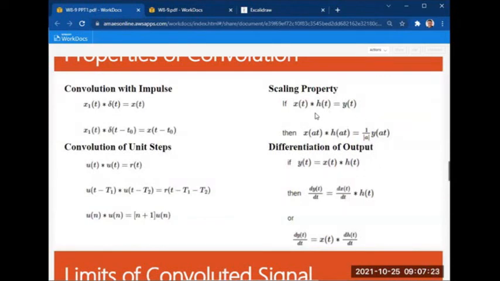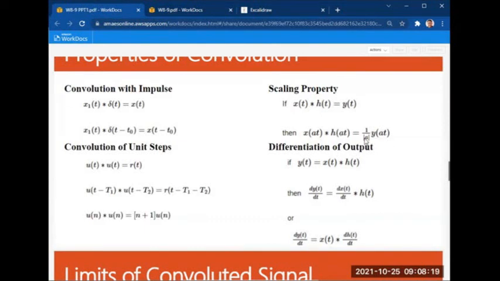Next, we have the scaling property. Scaling property is, well, we multiply a scalar quantity to our time, both on our input signal and our impulse response.